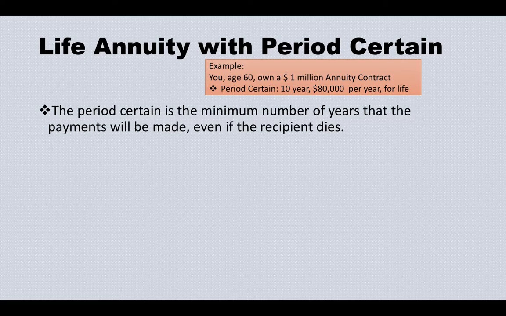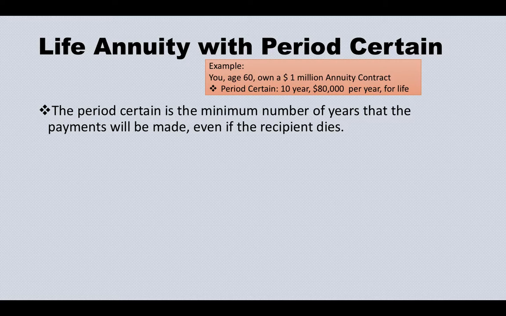Within the 10 years, if you die, your beneficiary will receive the remaining balance, $80,000 for the rest of the 10 years. Beyond the 10 years, if you die, nothing left.